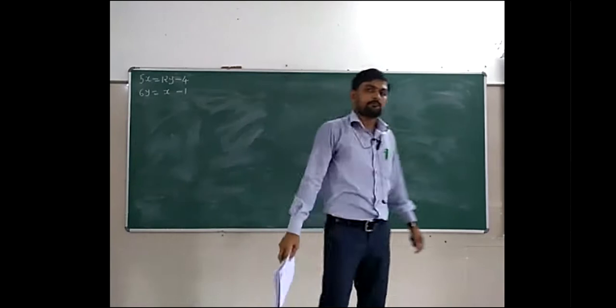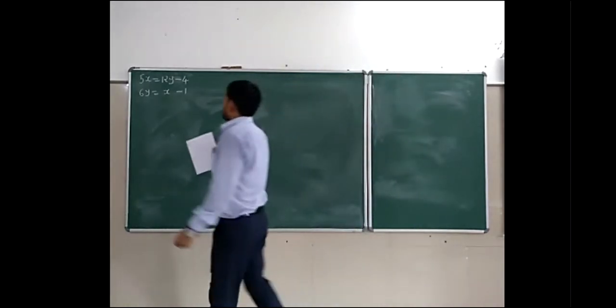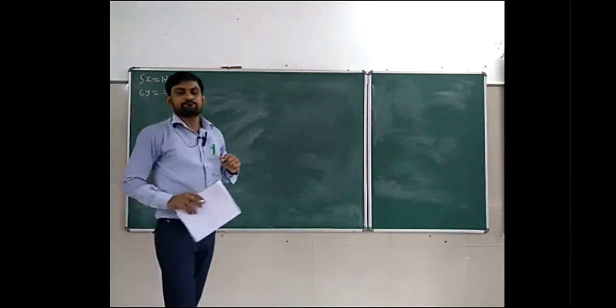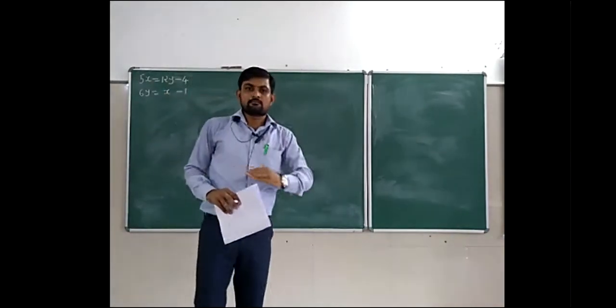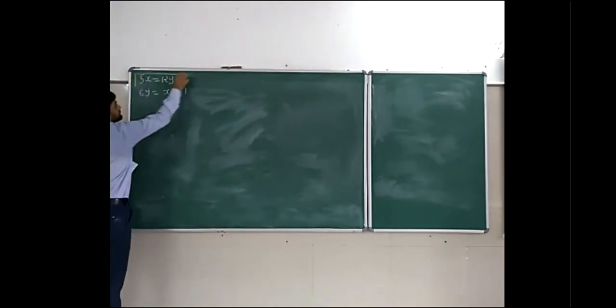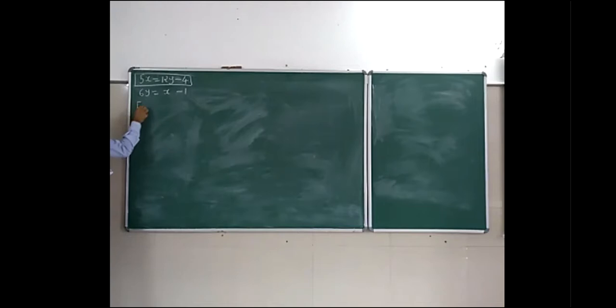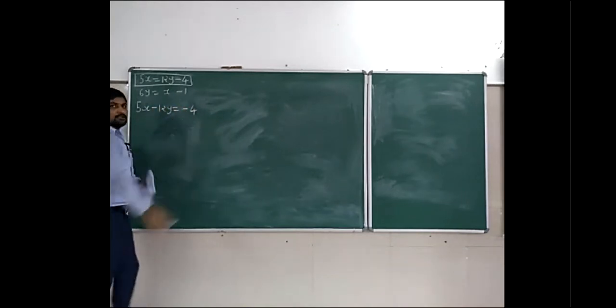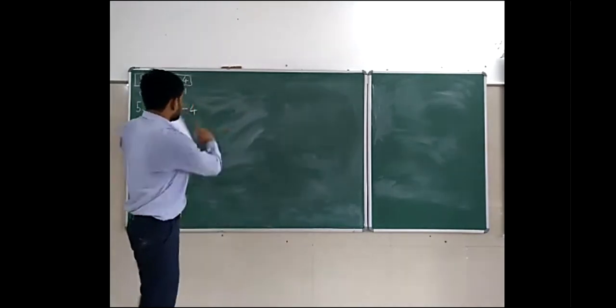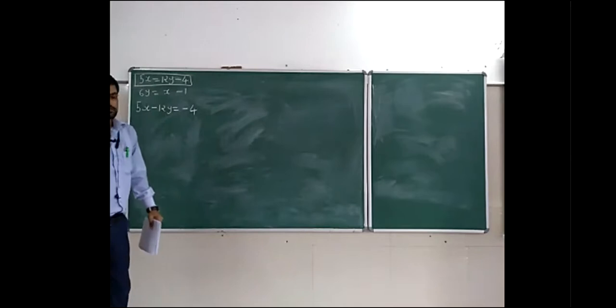Before the equal sign, you should have the variables. Here we have 5x in the first equation. Now change the side of y. So plus becomes minus 12y, and write the constant on the right hand side, after the equal sign. So this is the form of the equation.